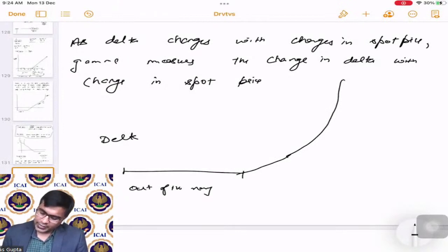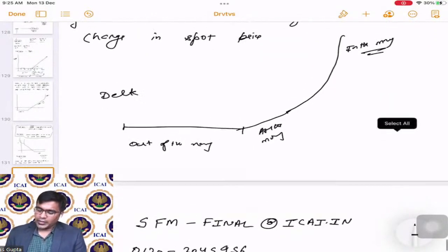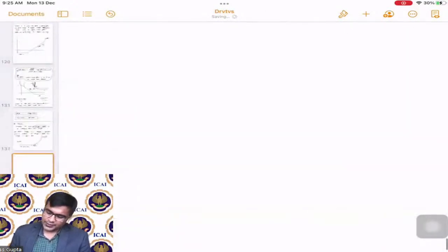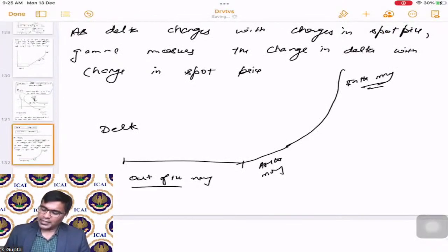This is at the money, and this is in the money. Now, the bottom line is that where is the gamma highest? Gamma is actually lowest in out of the money and in the money, because at those point of time there is no changes at all.